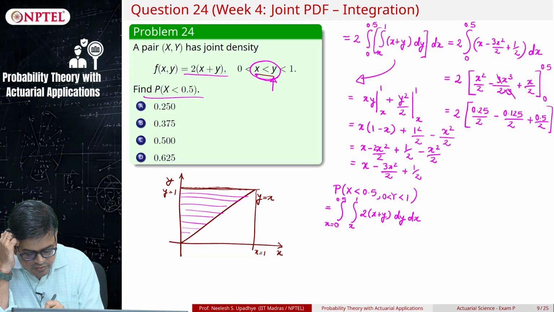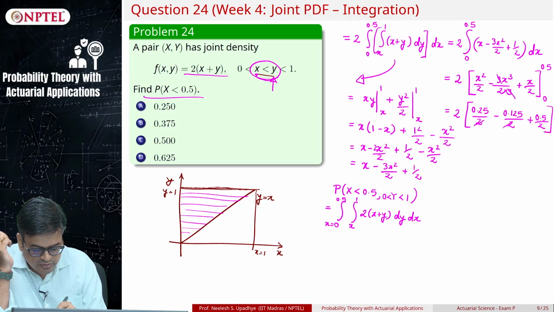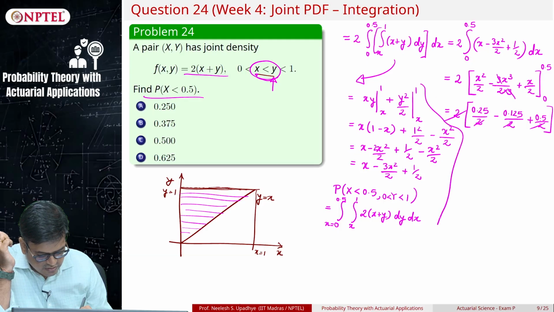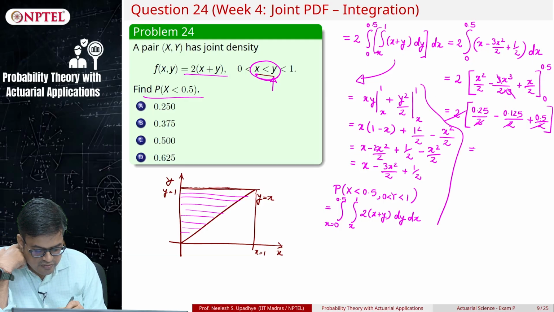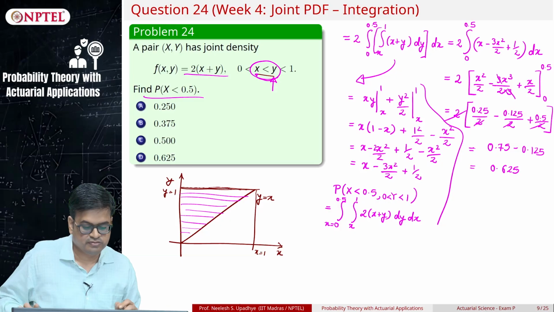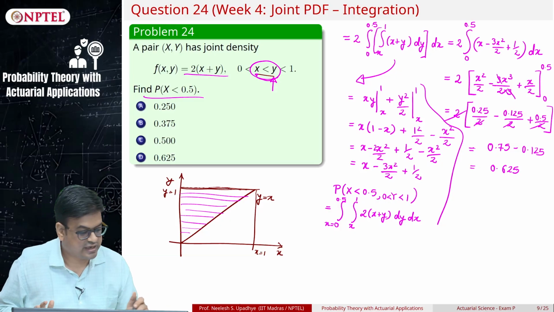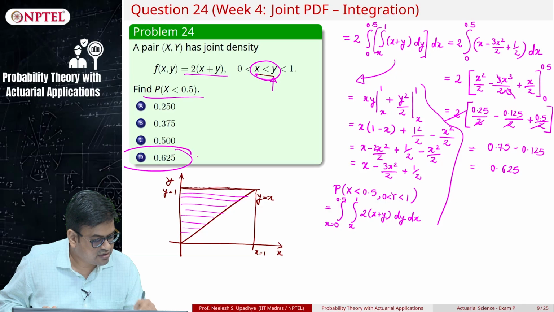So this 2 gets chucked off with this, okay, and then what you are left with is 0.25 minus 0.125 plus 0.5. So together this is 0.75 minus 0.125, which is equal to 0.625. It is exact. So the answer should be D.